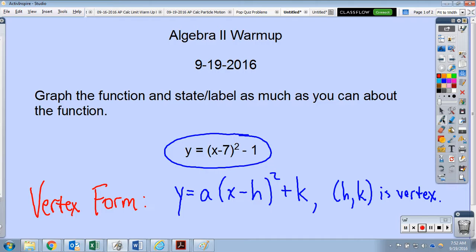what tells us if there's going to be any sort of vertical stretching or compression compared to the parent function? What value tells us that? Is it the A, the H, the K, or some combination? Yes. It is the A, thank you.